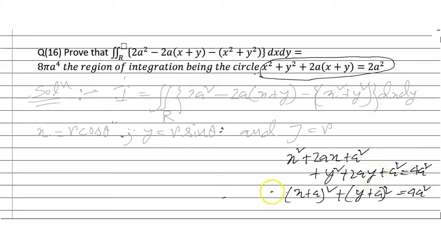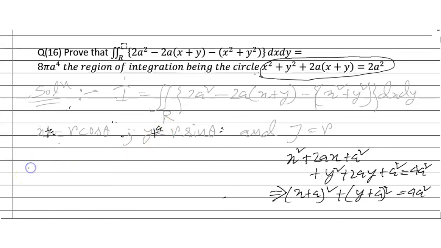This way we get it. So I can write x plus a and y plus a equal to r cos theta and r sin theta.